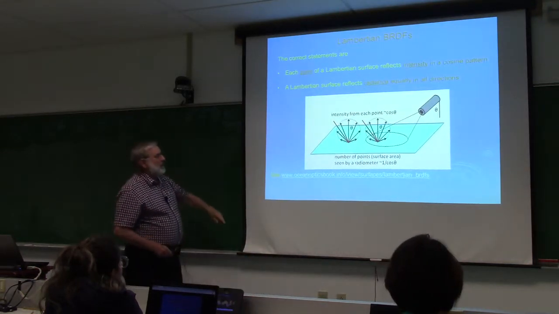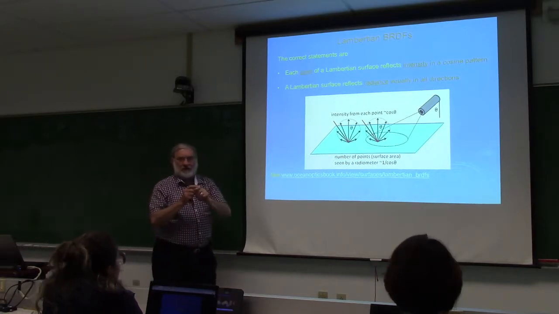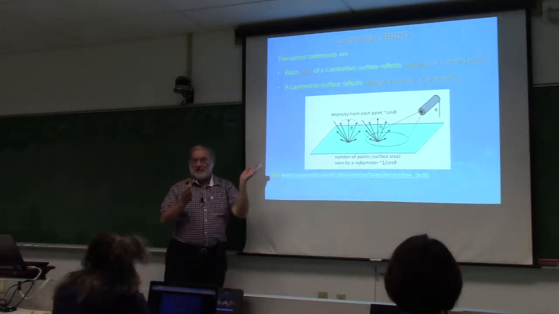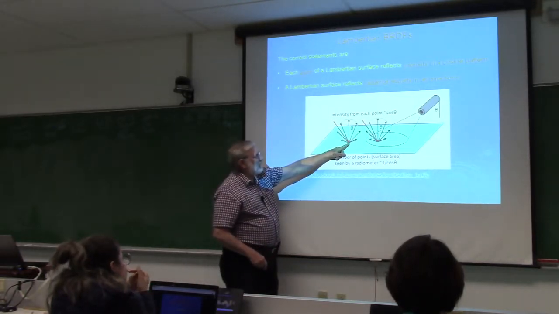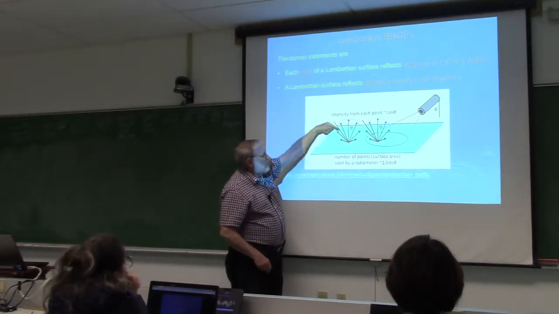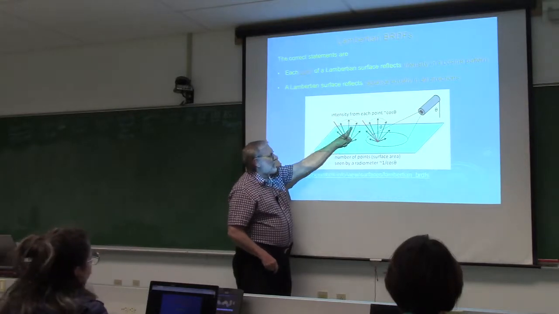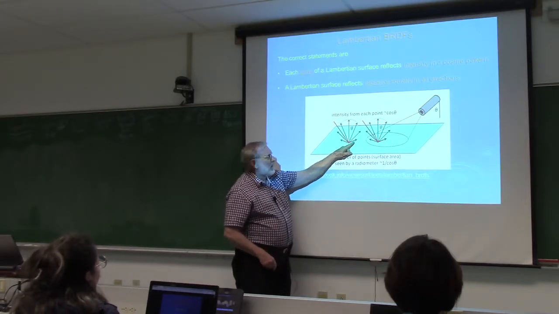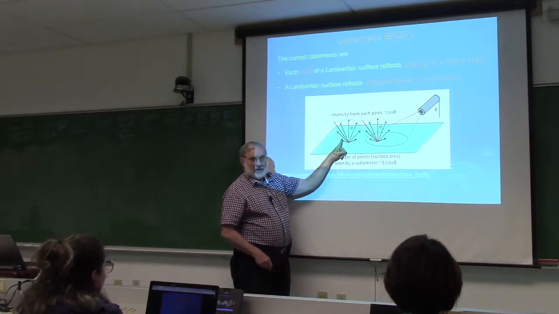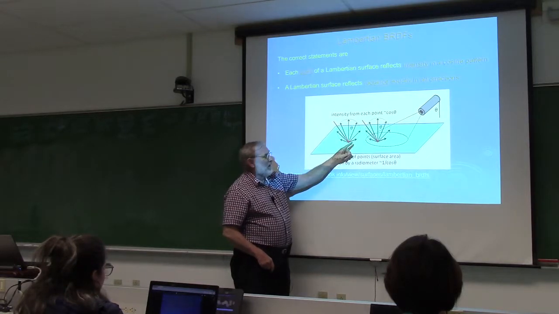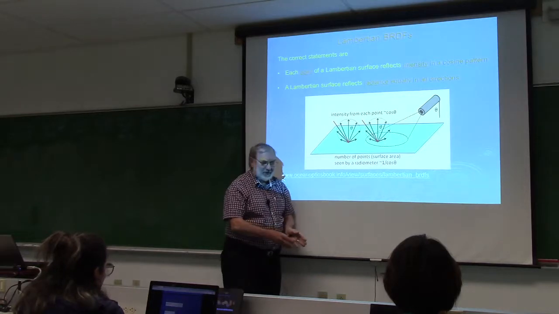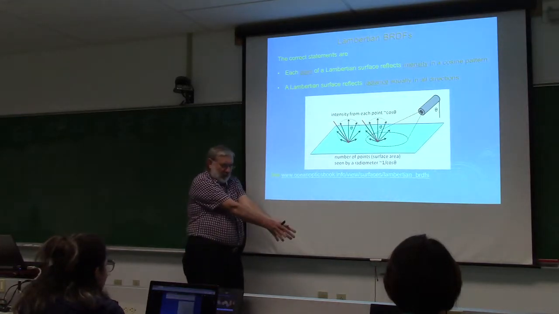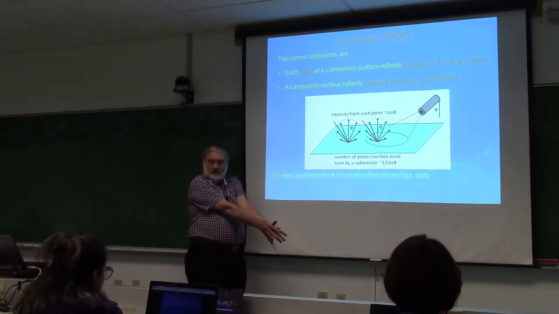Remember, intensity is power per unit solid angle. Each point of the surface, when light comes in, the red arrow reflects off, is reflecting in this cosine pattern. Now, if I want to measure the radiance reflected by the surface, I'm going to have a radiometer looking at the surface, with some finite solid angle that it's looking at.